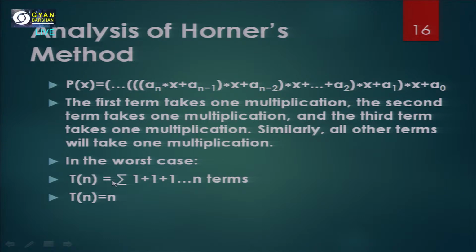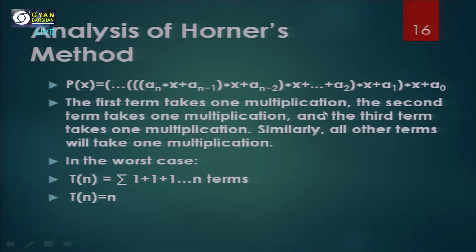The time taken is going to be a summation of how many terms? N terms. So 1 plus 1 plus 1, n times. So how many terms do you have? N terms, and the summation of n terms is obviously n. So the order in this particular case happens to be n.